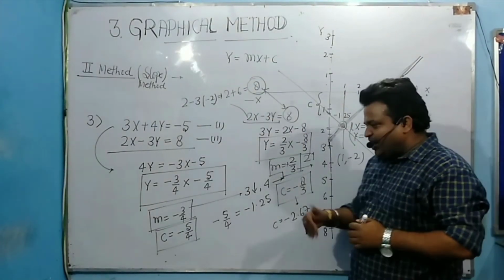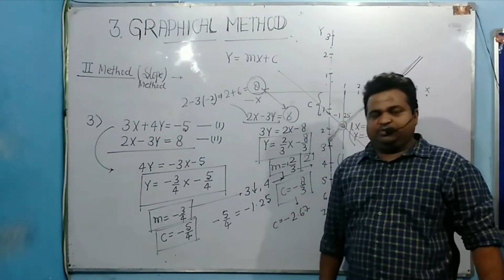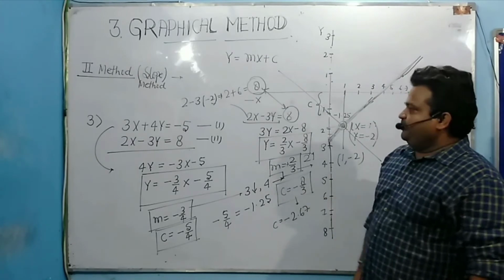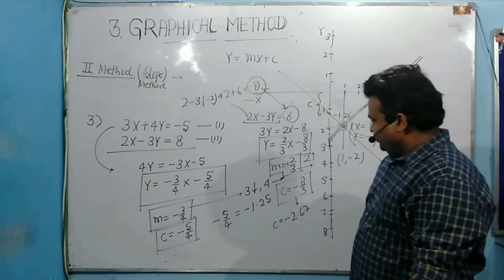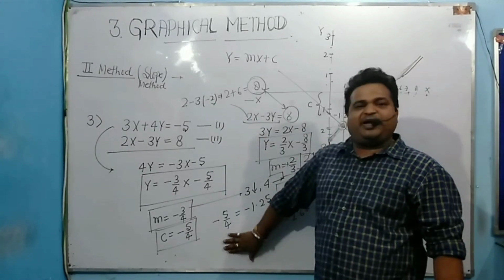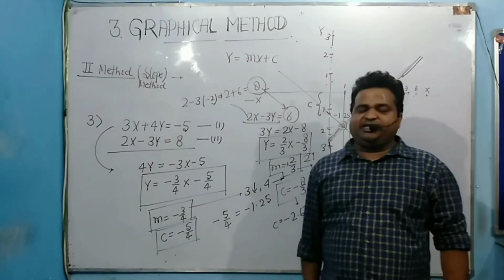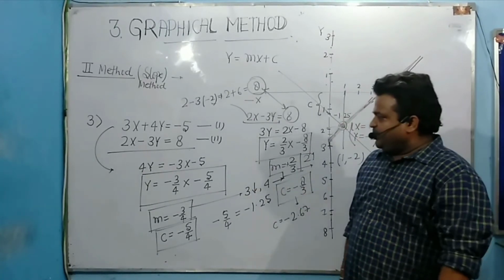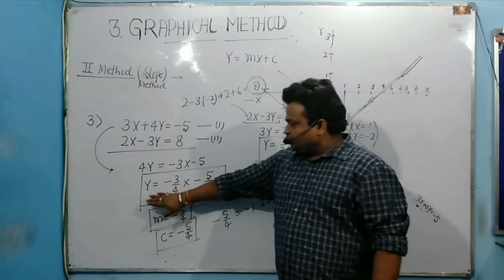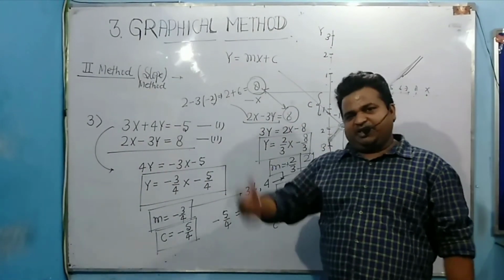This is quite lengthy, quite difficult, but again I repeat, if you practice this more and more, this will become very interesting to you. So if you want to take this method of solution, you can take it. Otherwise, if the first method is easier, you can go with it. I suggest to you, whenever you have your slope in this form, then you go with the first method.